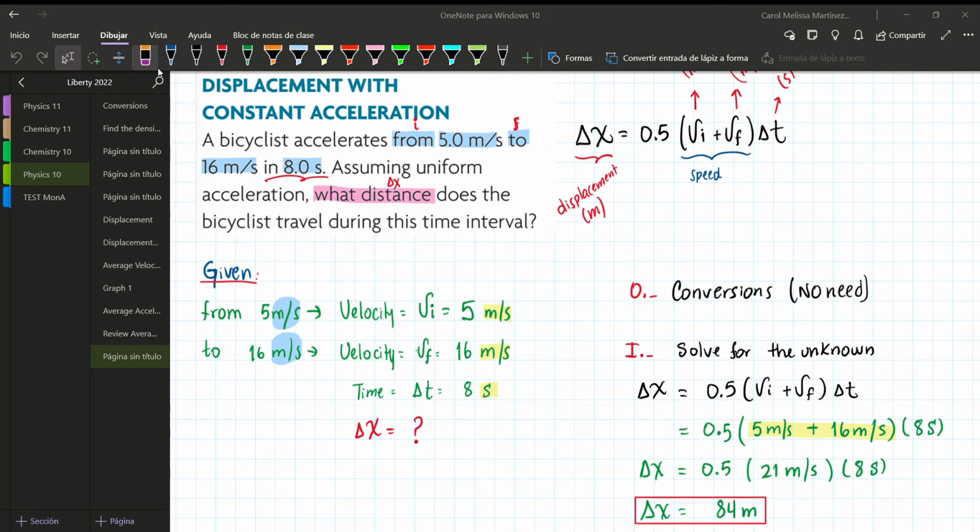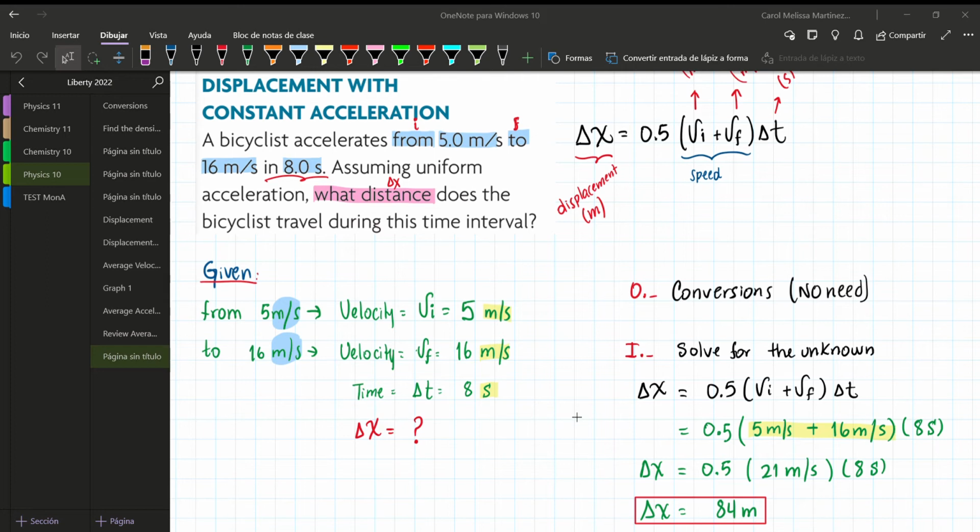In 8 seconds, the distance that he traveled was 84 meters. That's the way that you can use to analyze your data, okay?